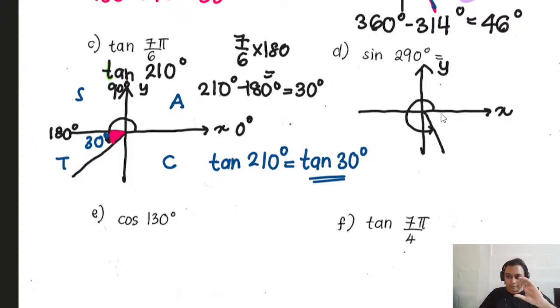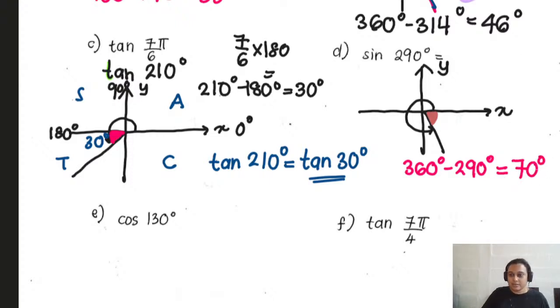So we need to find this part, how much it is. We take the formula 360 minus 290. So we get 70 degrees. Yes, correct. So this part here is 70.